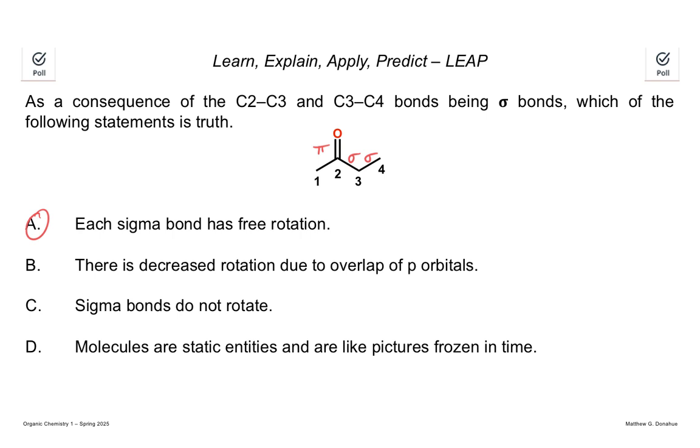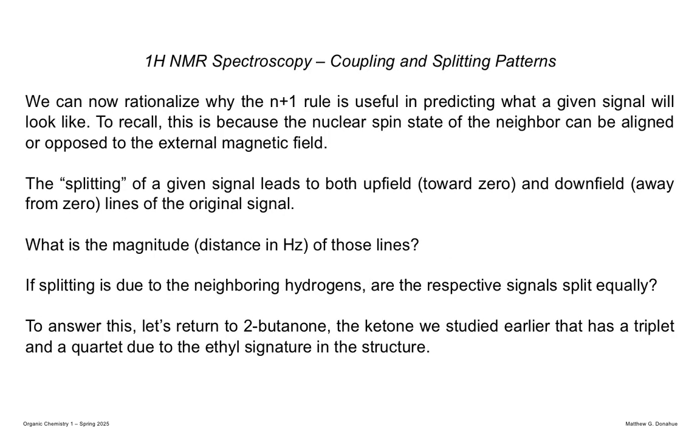So understanding that is going to be crucial to understanding why the magnitude changes between the lines of a proton NMR signal. So as I said, we use the n+1 rule to predict what a signal would look like, and you're just counting all of the neighbors and adding 1.